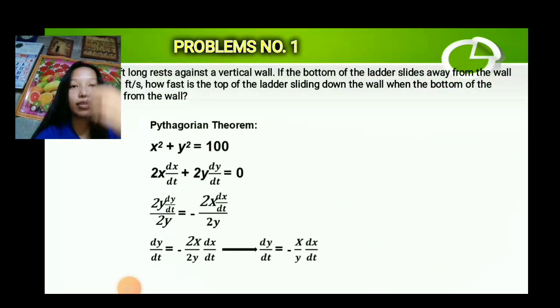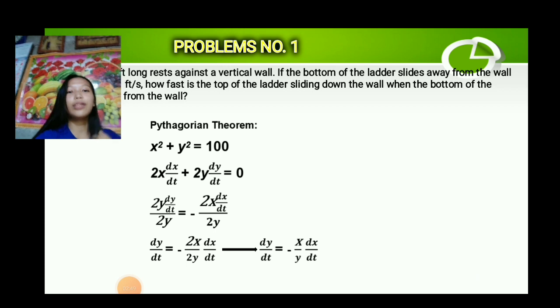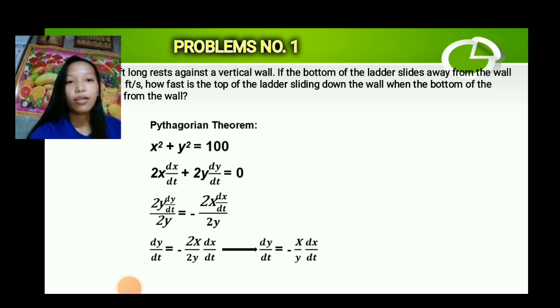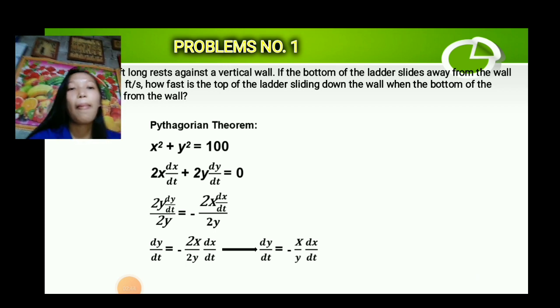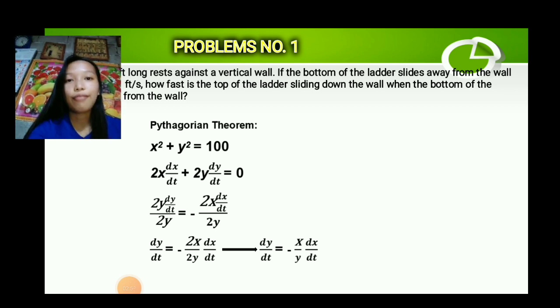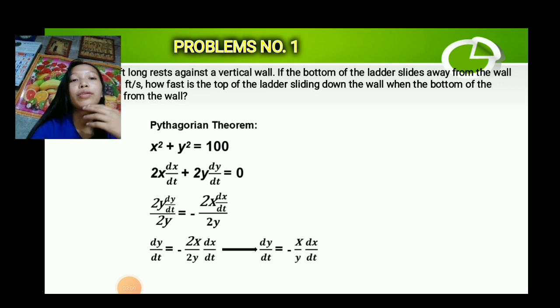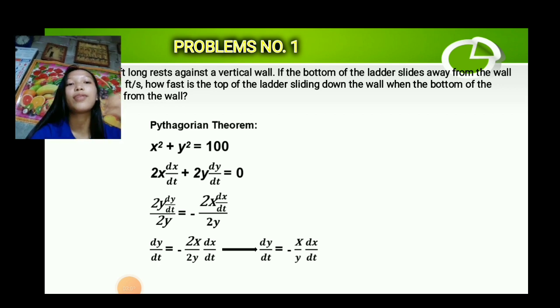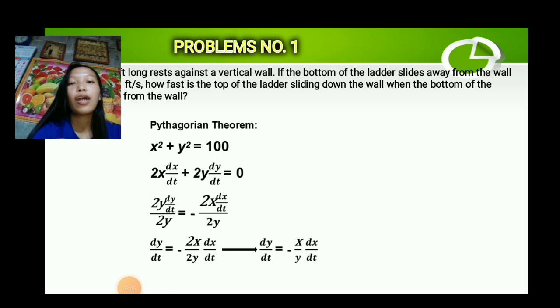The next step is to differentiate our Pythagorean theorem, so we get the formula we will use in finding how fast the top of the ladder is sliding down the wall.